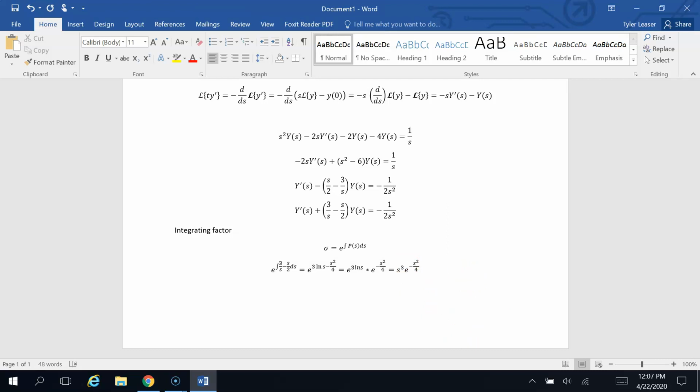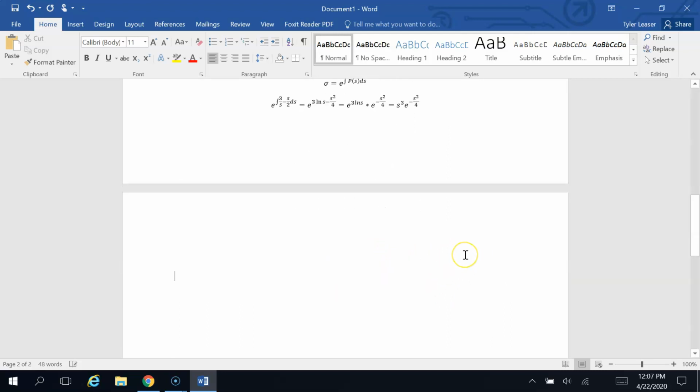Okay. Now is the trick that we have for these linear differential equations. We're going to multiply both sides by this integrating factor, and then we're going to rewrite the left-hand side. So this is the linear differential equation trick.